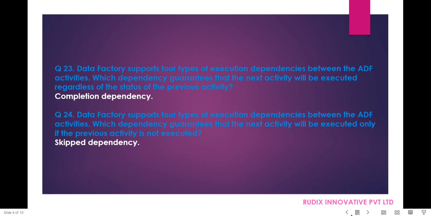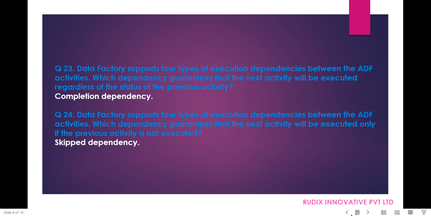Next question. Data Factory supports four types of execution dependency between ADF activities. Which dependency guarantees that the next activity will be executed regardless of the status of the previous activity? For this question, the answer is the completion dependency. What does completion dependency mean?